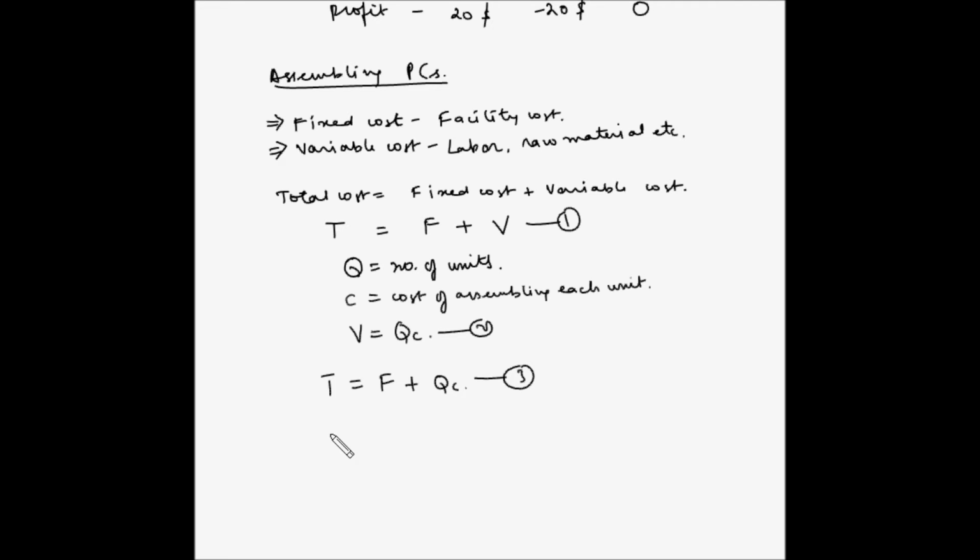Now after you have assembled the Q quantity of personal computers, you start selling them at a selling price, let's say represented by P. So P is the unit selling price, and the quantity that you sold was Q. That means you were able to sell all the number of units that you assembled.